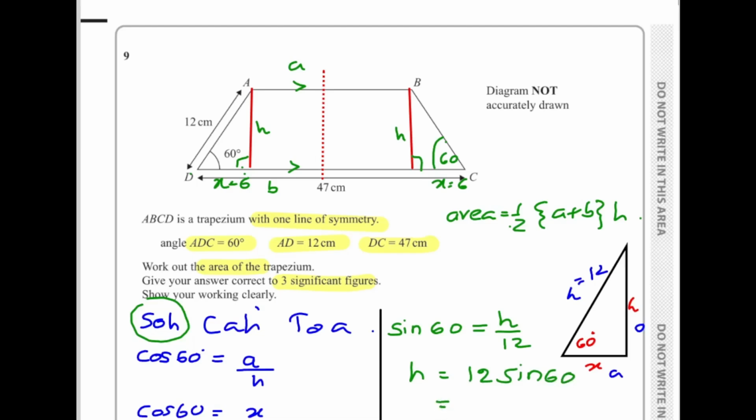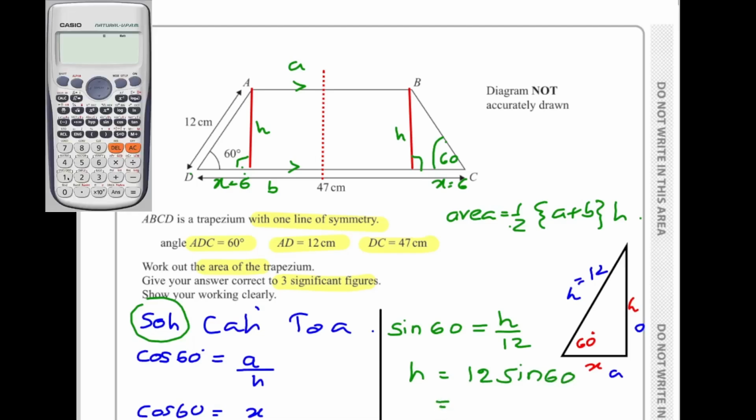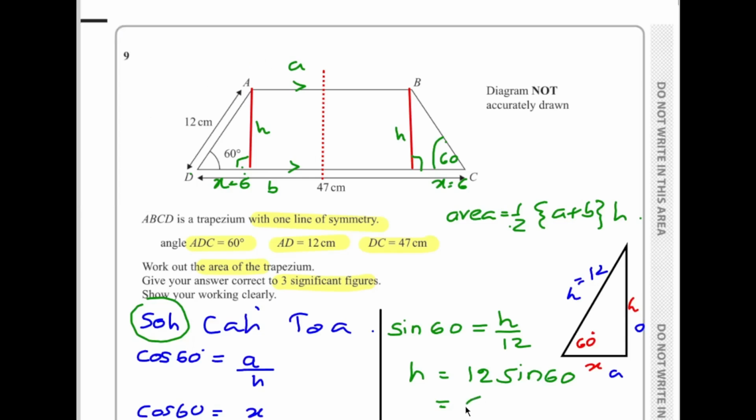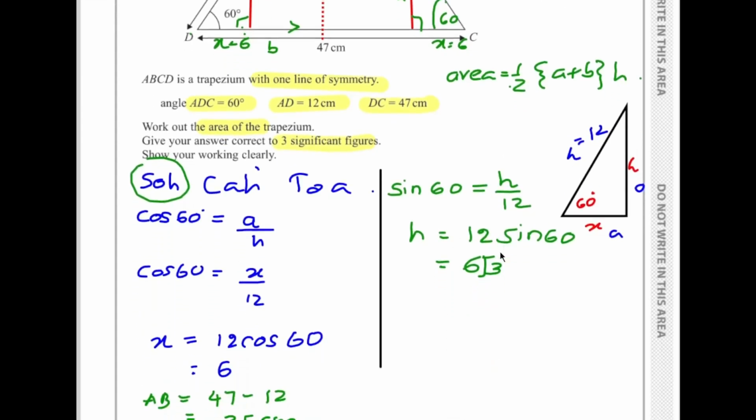Then let's get the answer. 12 into sine 60, which becomes 6 root 3. So our height of the trapezium is 6 root 3. Now we can get the area of the trapezium.